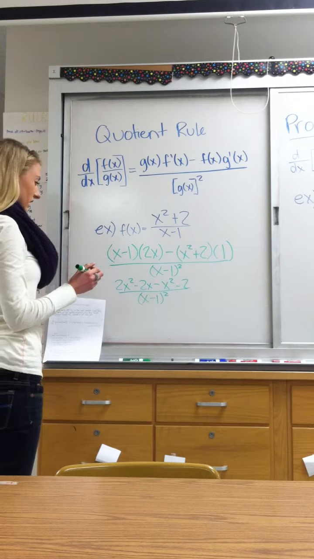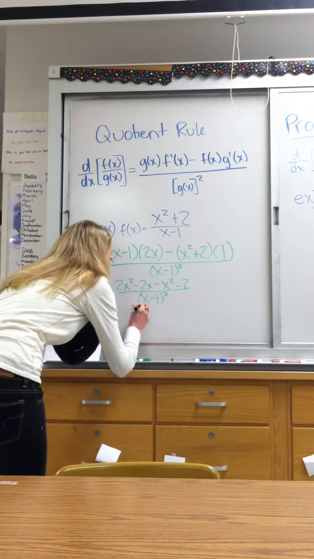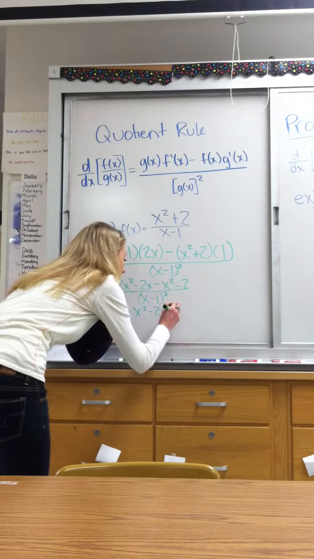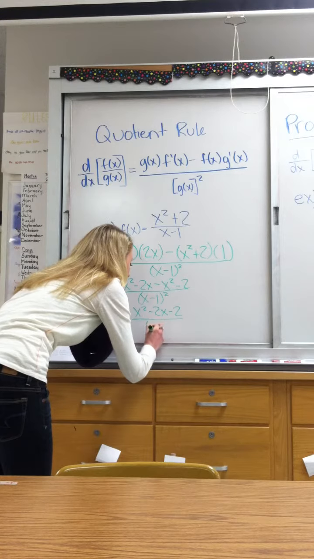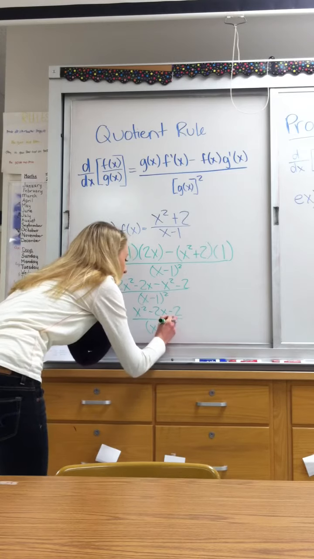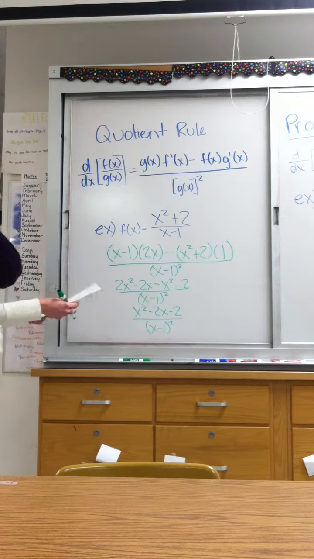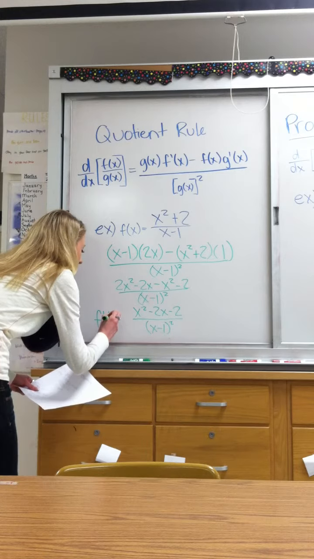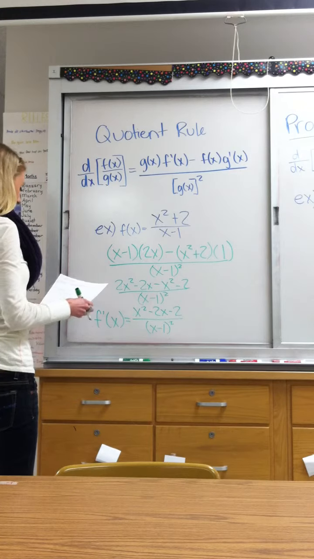Then we can combine our like terms, and it actually comes out to be x squared minus 2x minus 2 all over x minus 1 squared. And remember to write that the derivative of f of x equals that.